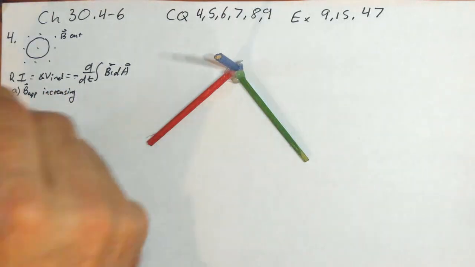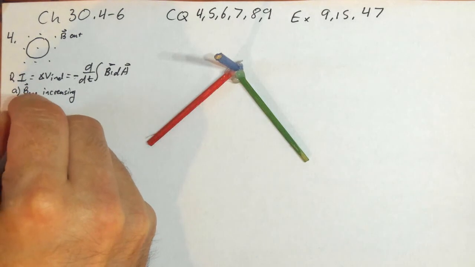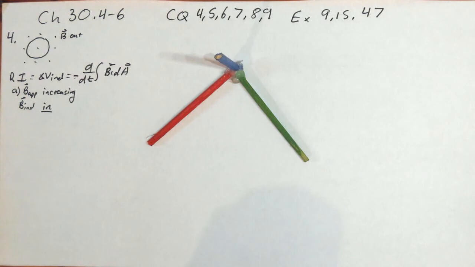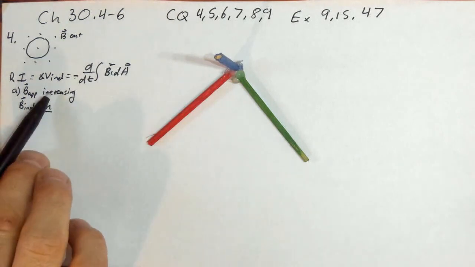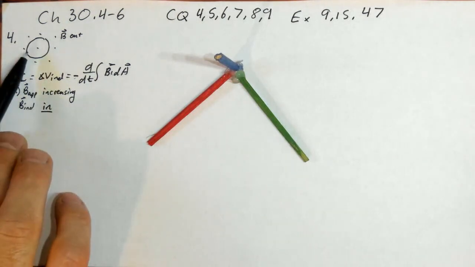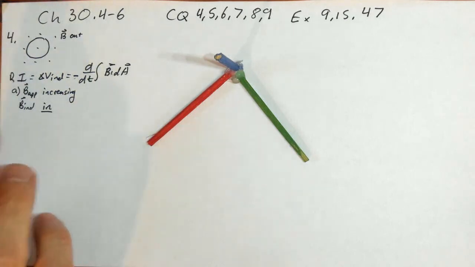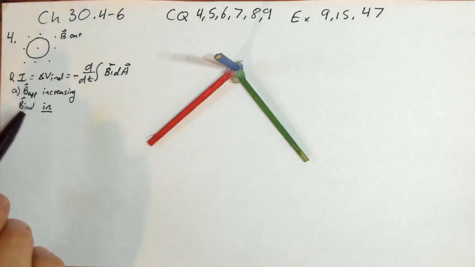Okay, so the induced B field will point in, all right, to oppose the outward increasing. Now, it's not as important that it's pointing out, it's that it's outward and increasing. So the change in the B field's out, it's getting bigger out. So that means the induced B field will be in.